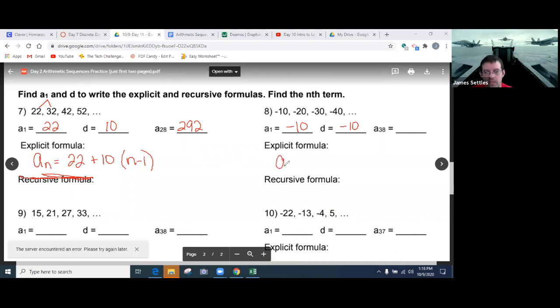So the formula should be A sub n is equal to negative 10 minus 10, parentheses n minus 1.